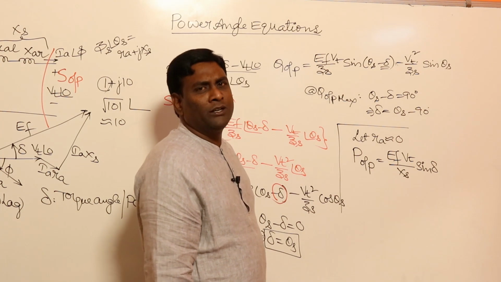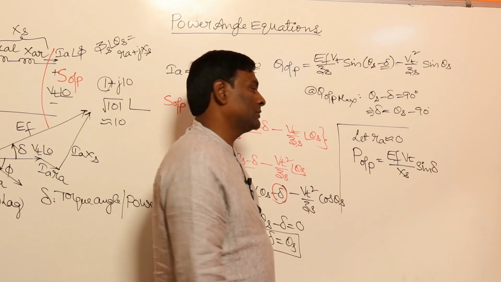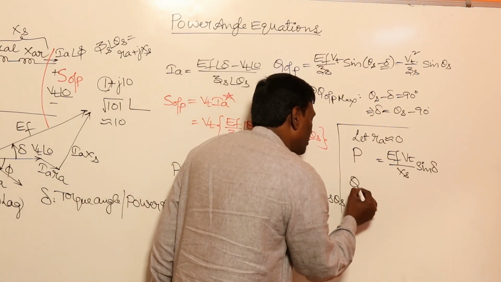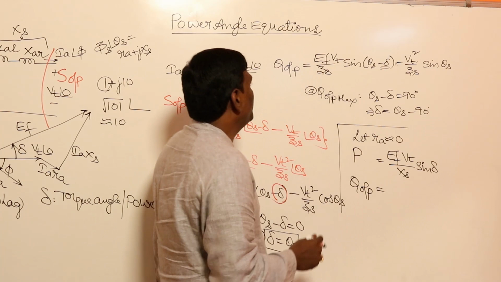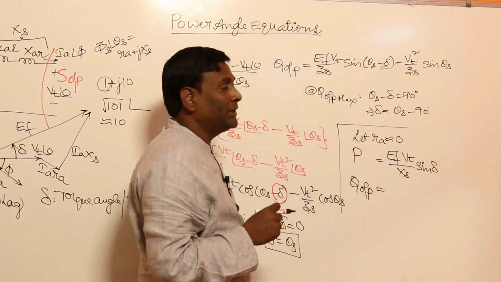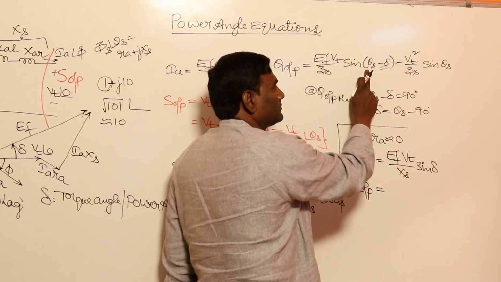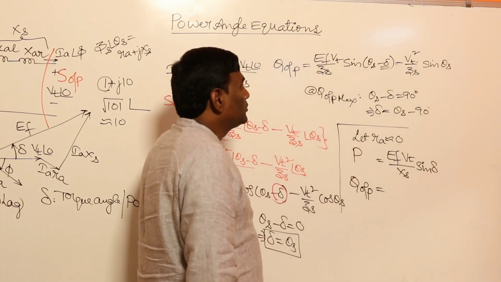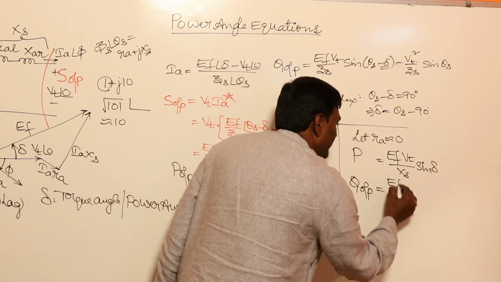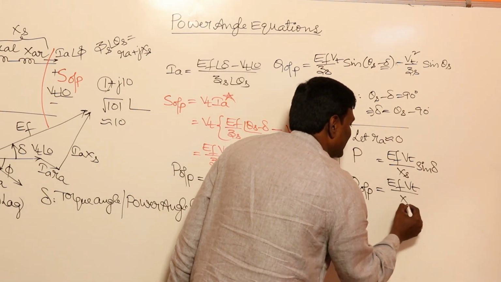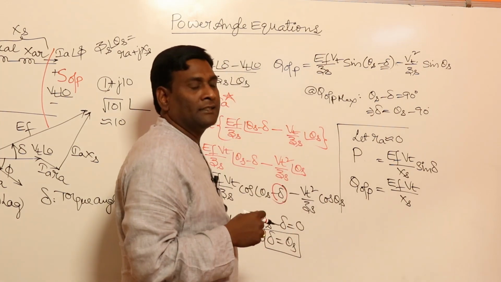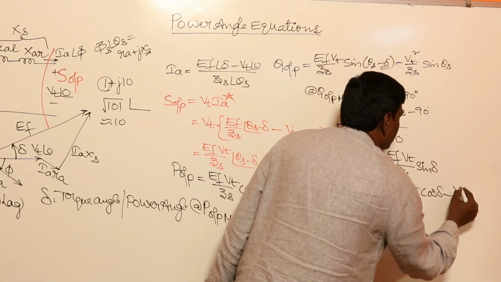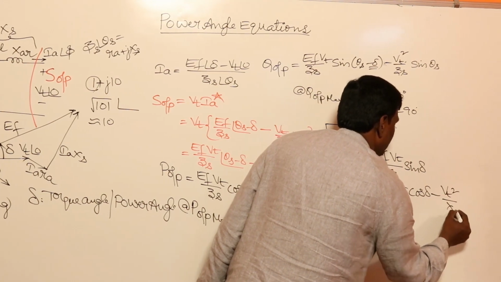Is it output or input? I did not tell you anything about losses. Now let us think of Q output when theta s is 90. So sin(90 minus delta) gives cos delta. Under that condition, this is going to be EF Vt by XS, because Zs becomes XS as Ra is not there, so it's going to be cos delta minus Vt square by XS.